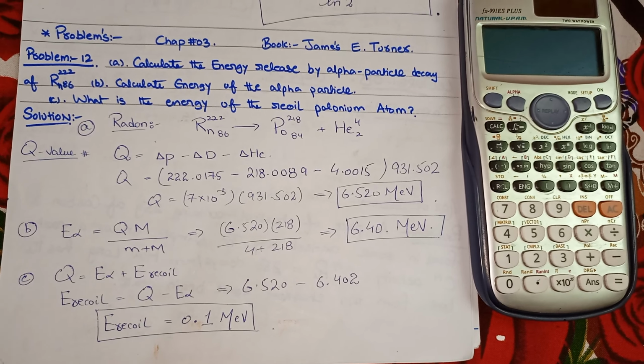R naught is basically a constant, and its value is always 1.3 times 10 raised to the power minus 12 meters. And ln of 2 multiplied by small m, the mass given in grams, which is 25, and the molar mass I already told you is 12 grams per mole, multiplied by Avogadro's number.